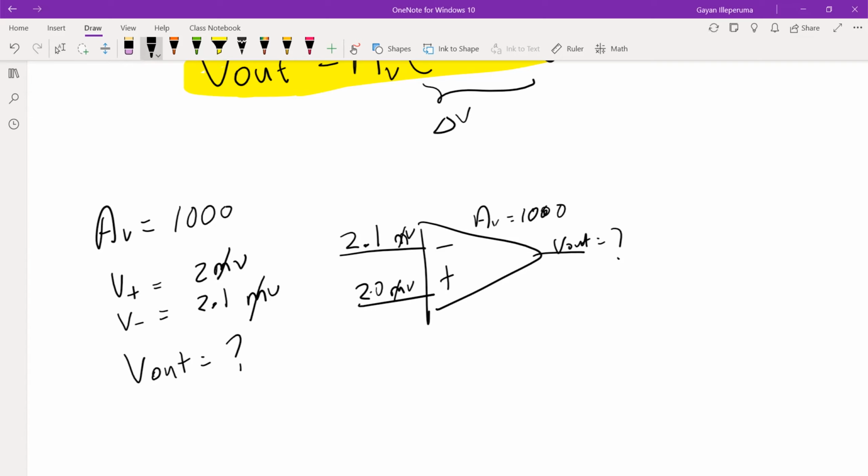Harini, are you sure about your second answer? No, sir. The pattern says it's minus supply voltage. We'll look at the others as well.